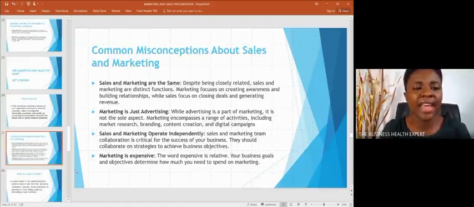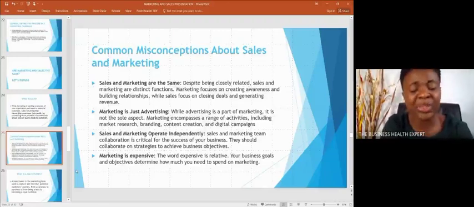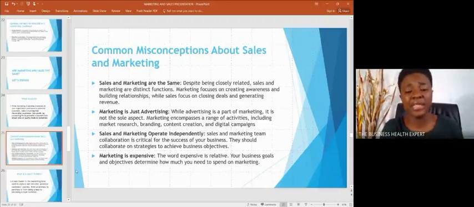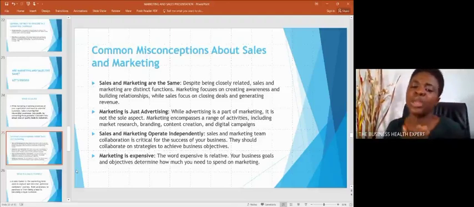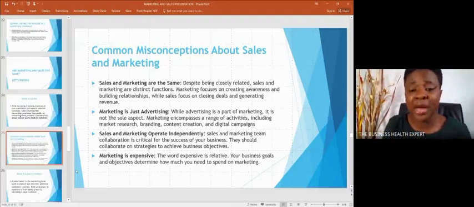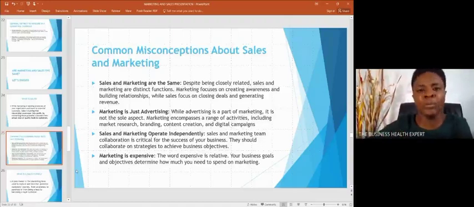And again, another misconception about sales and marketing is that it is expensive. The word expensive is relative. Your business goals and objectives determine how much you spend on marketing. What Jumia will spend on marketing its products is different from what a one-man online vendor will spend.